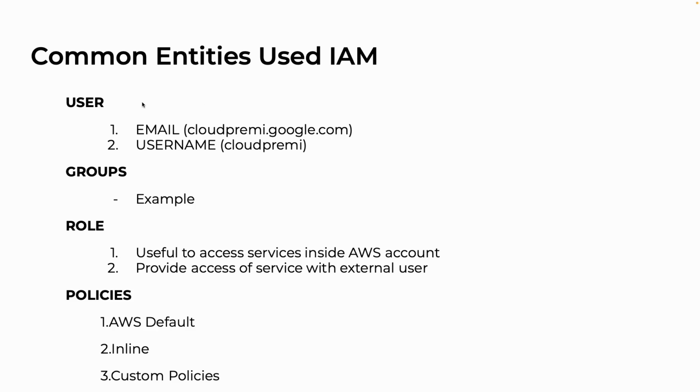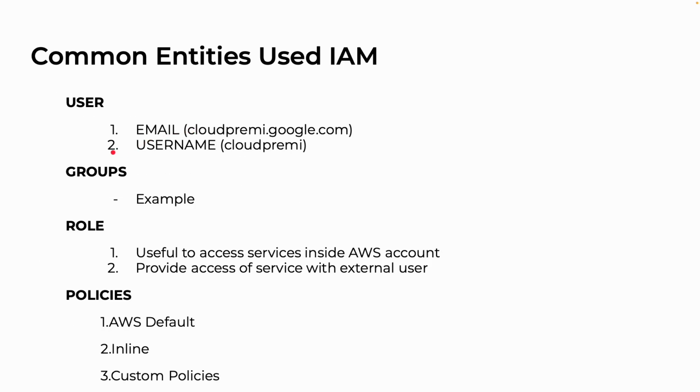First we'll start with the user. A user can be anything. Let's say your organization is following Gmail or Outlook or any other identity provider, so in some cases it will be google.com or gmail.com. You can add the user in IAM by using the email address.